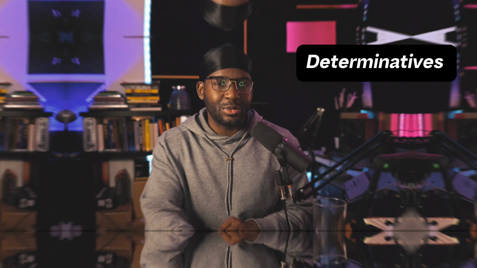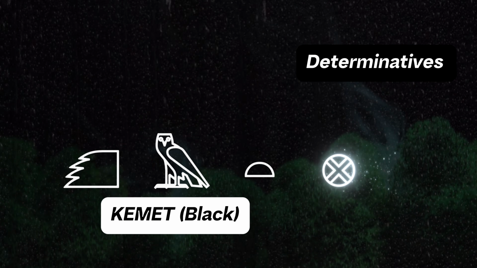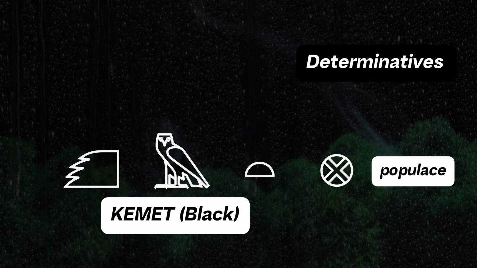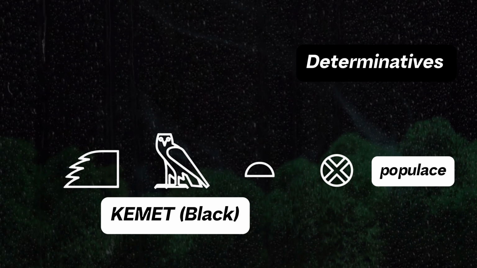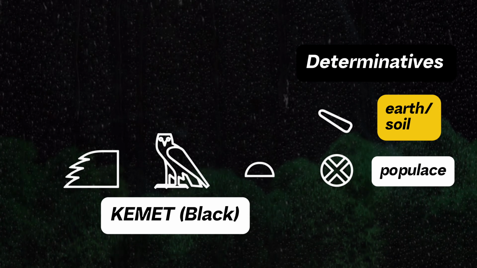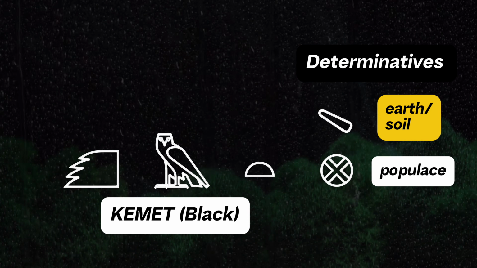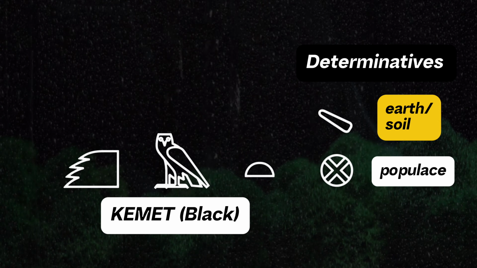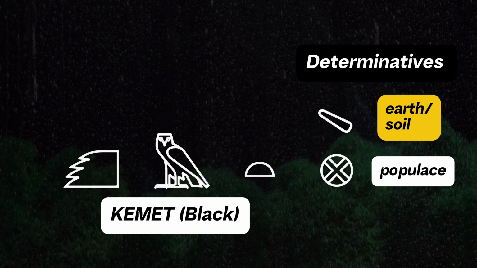One of the main reasons we know this isn't true is because if we look back at the use of determinatives. Now, if we want to signify that we're calling it black because of the soil, we could use a soil or earth determinative alongside the populus determinative. So you can combine determinatives when it's needed to convey something with a bit more clarity.